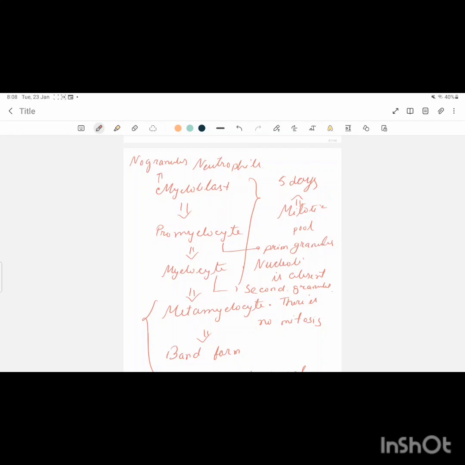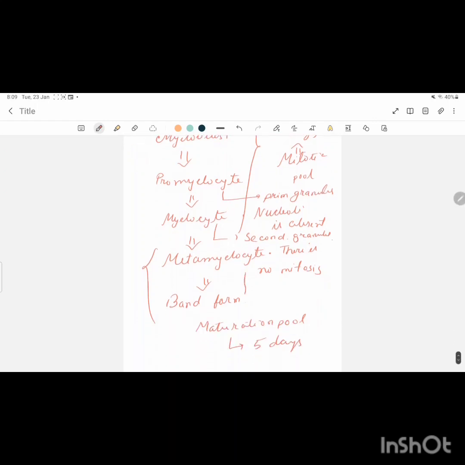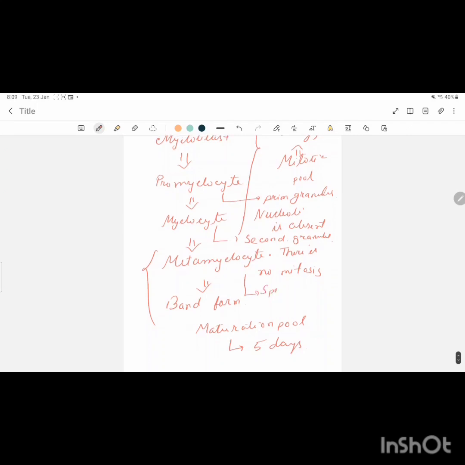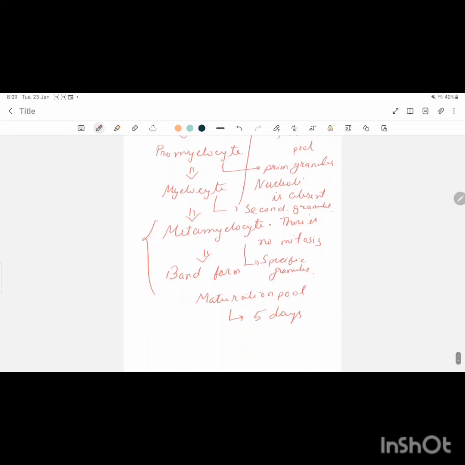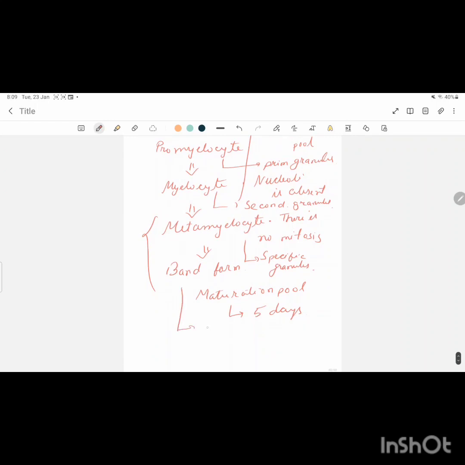Primary granules appear in the promyelocytic stage. In the myelocytic stage these primary granules disappear and secondary granules appear. In the metamyelocytic stage specific granules appear, and the specific granules persist in the band form also.